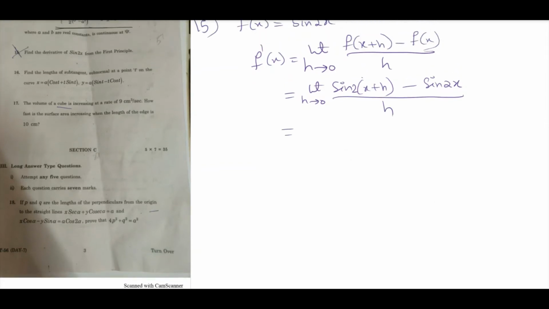That equals limit h tends to 0. This becomes sine of 2x plus 2h. So expanding sine of a plus b, I get sine 2x into cos 2h plus sine 2h into cos 2x minus sine 2x by h.